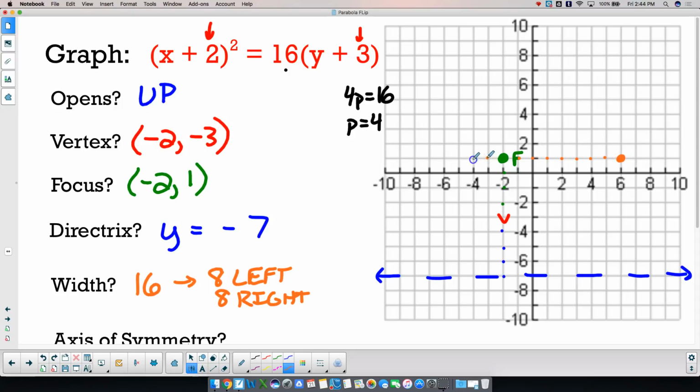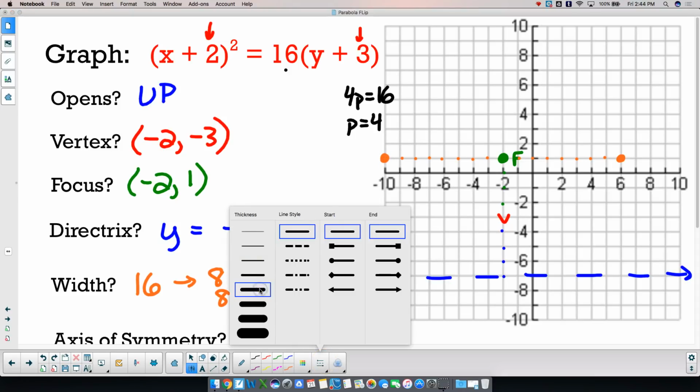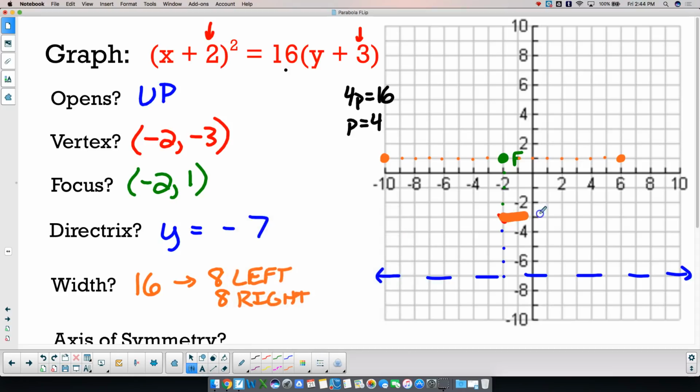And 1, 2, 3, 4, 5, 6, 7, 8. So that's where my parabola goes through. Now I can draw it in. I'll stop it right there so I don't go over the top of my other writing. Okay, so there is my parabola.